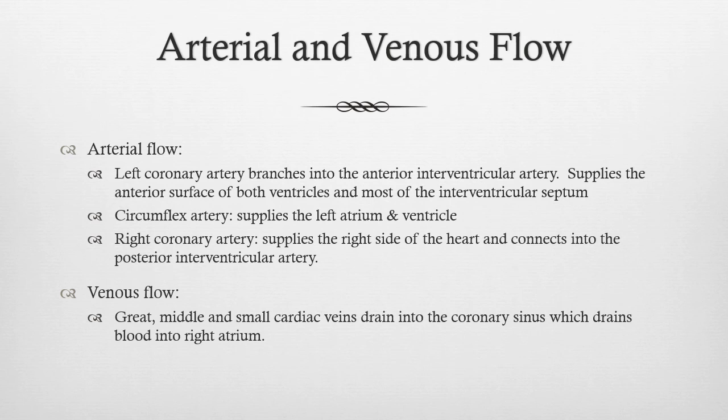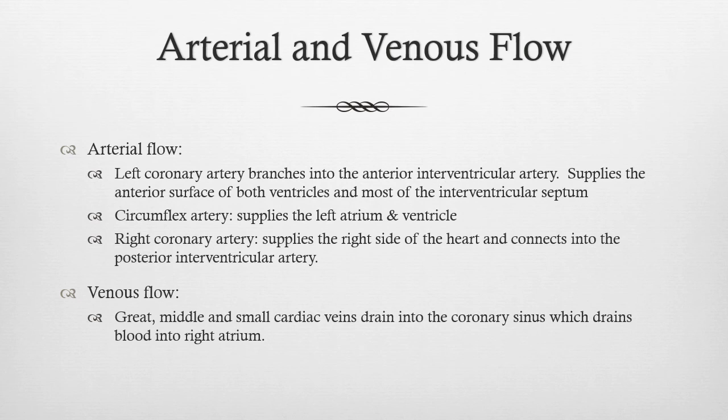The left coronary artery is going to be tucked up underneath the pulmonary trunk, and then it's going to pop out at the base of the heart there. From there, it's going to split into a circumflex artery and a left anterior descending, or an LAD. This is also sometimes referred to as the anterior interventricular artery, so it goes by a couple of different names.